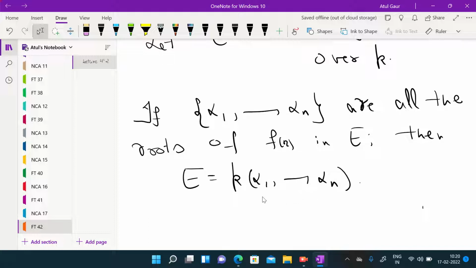And E over K is a Galois extension because it is normal and separable. Normal because it is a minimal splitting field, separable because it is the minimal splitting field of a separable polynomial. So then E over K is a Galois extension.